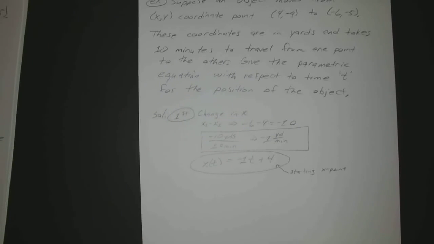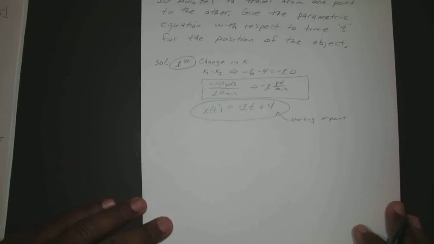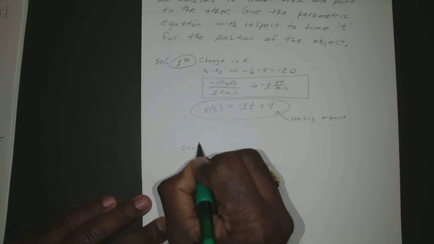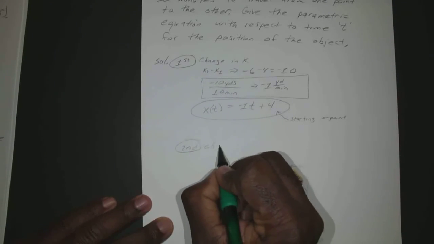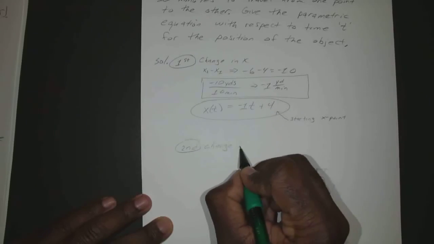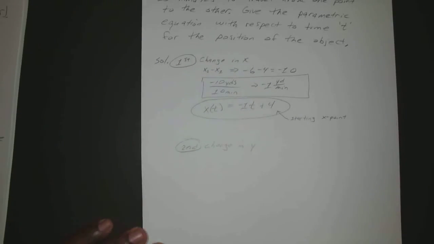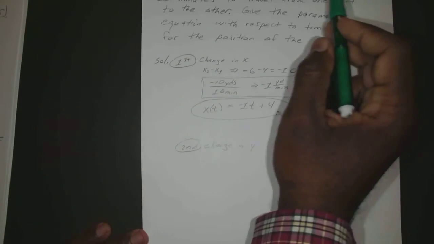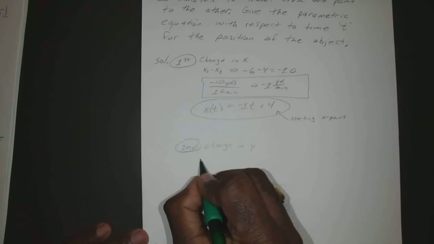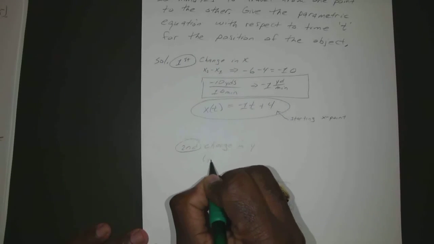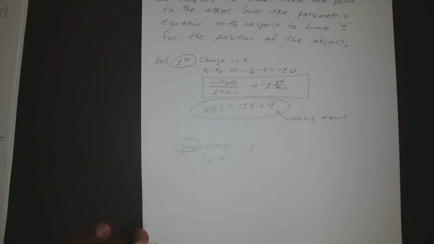Okay. So we'll do the same thing for y. Next, we find our change in y. Okay. So that's -5 minus -9, or better yet, y2 minus y1.